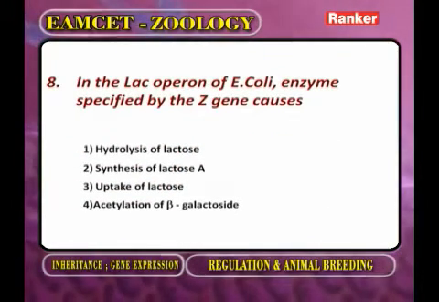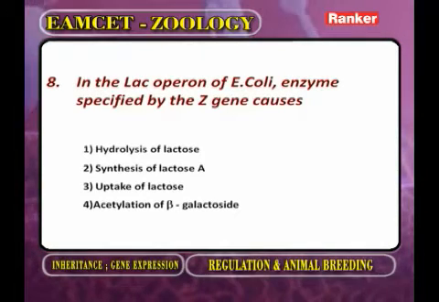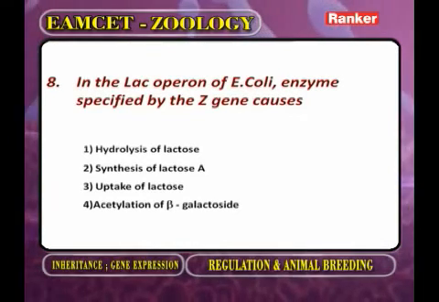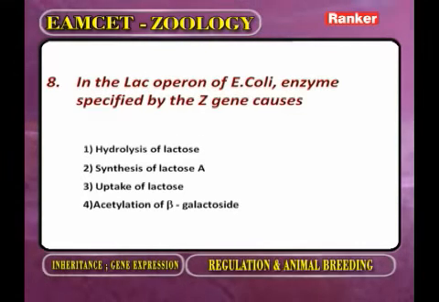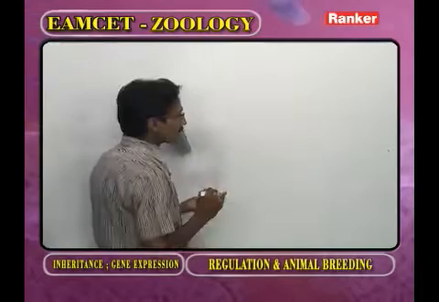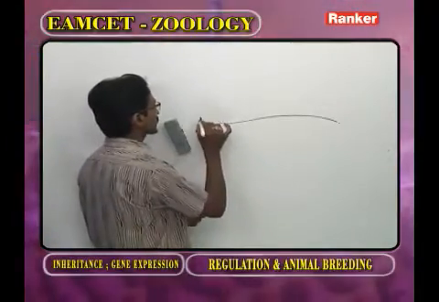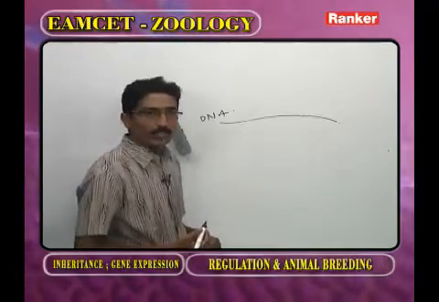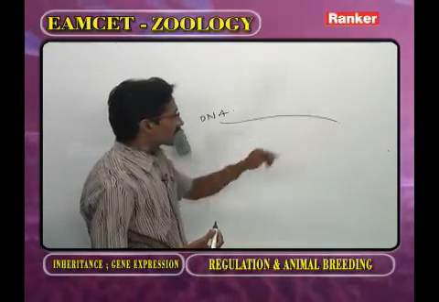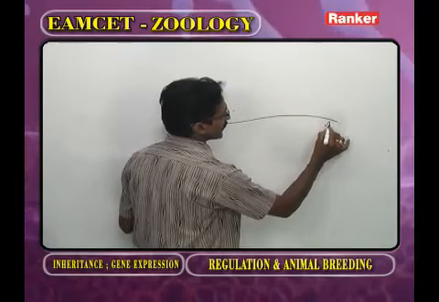In the lac operon of E. coli, the enzyme specified by the Z gene causes what? Now as we observe the lac operon concept, this is the DNA strand. In prokaryotes, as we observe gene expression and regulation, how many structural genes are present?